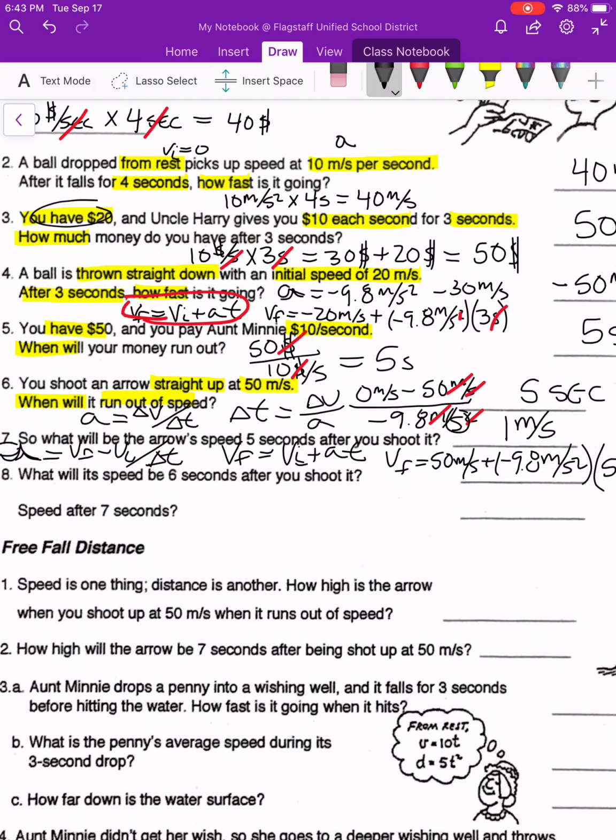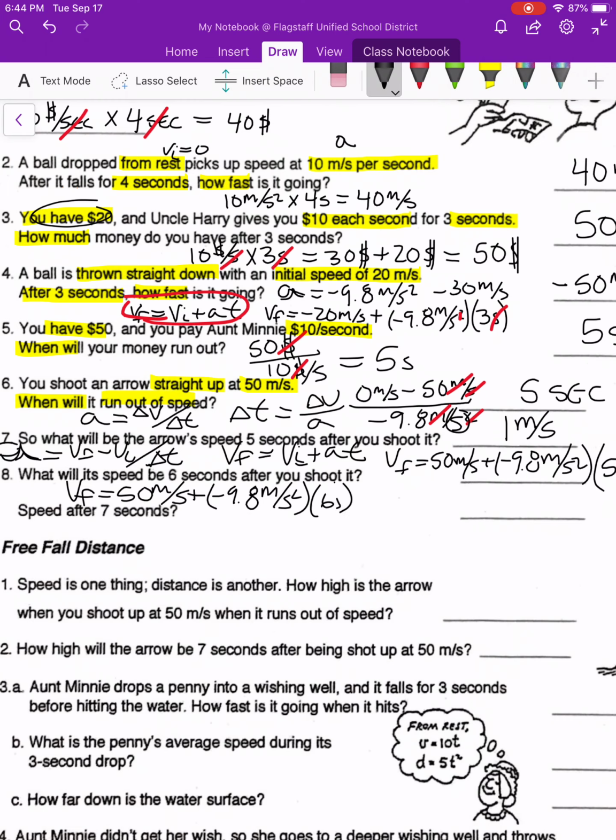I'm going to try to speed this up so it doesn't take half an hour running through these practice problems. Okay, so going to the next one. Same thing, what will the speed be 6 seconds after we shoot it? Okay, so now we're just redoing these equations. My V final is my V initial, still using the question number 6 values, 50 meters per second, plus negative 9.8 meters per second squared times 6 seconds.